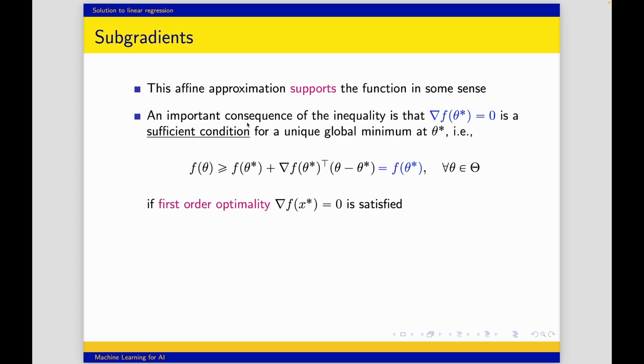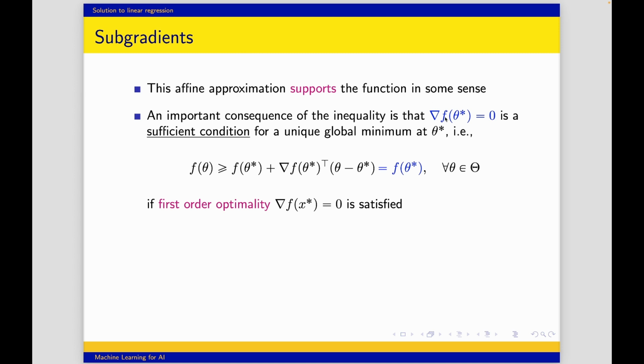Now, what's an important consequence of this? It's that this is a sufficient condition for a unique global minimum if f is convex at some theta star, i.e. f of theta is greater than or equal to, because if f is convex, we have this relationship for any theta and theta star. Theta star is the minimum. F of theta is greater than or equal to f of theta star plus the transpose of the gradient times this.